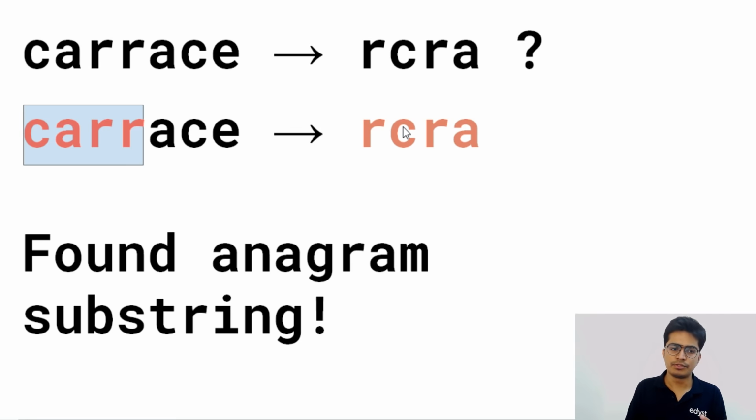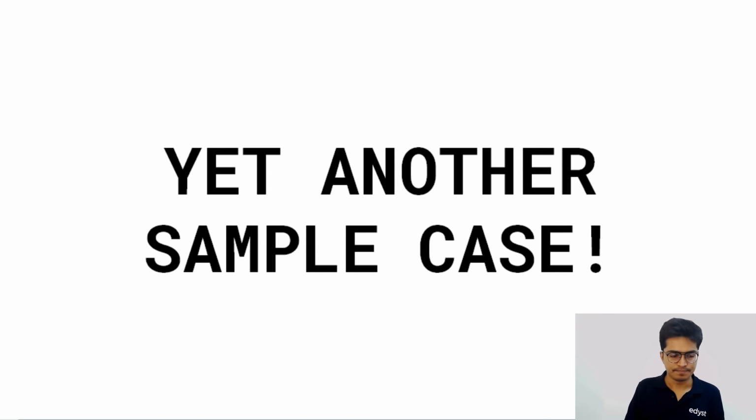If you've been paying attention, you'd realize the very first 4-letter substring, CARR, is the one that you can rearrange to make RCRA. So this and this are anagrams of each other, and in such a case you have to print yes. That's about it for the question.